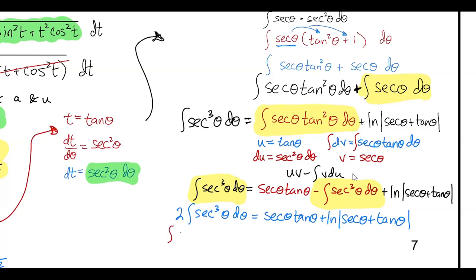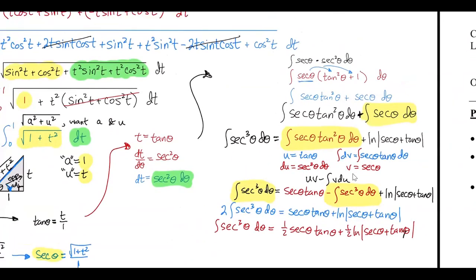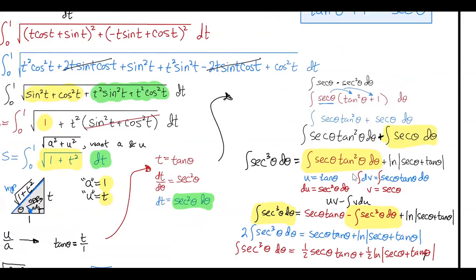So the integral of secant cubed theta d theta would be equal to 1/2 secant theta tangent theta plus 1/2 ln of secant theta plus tangent theta. Close them up. It's kind of consolidated a little bit, but it's still a god-awful mess, and there's really no way around it.